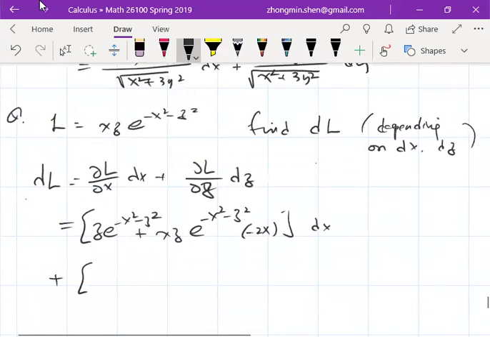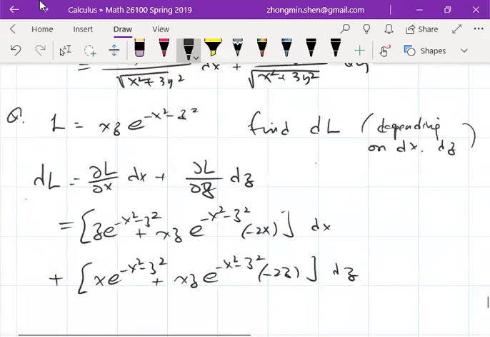Plus the derivative with respect to z, it's the same: x e to the negative x squared minus z squared plus x z e to the negative x squared minus z squared times negative 2z, and that's dz. Let's simplify it.